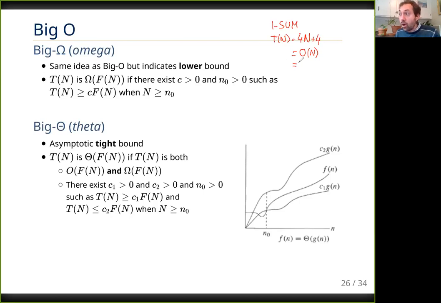And in fact, we can prove that this T of n, which is 4n plus 4, is big omega of n. We can also find a coefficient c, starting from a certain n0 input, such that we have an equation that's just n that is a lower bound. Altogether, it means that this one sum is big theta of n.